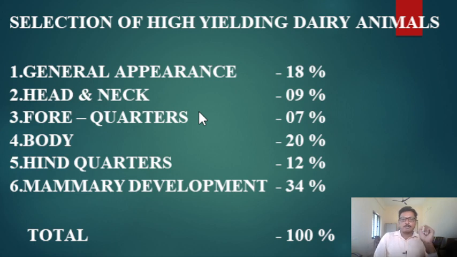For example, the general appearance, the head and neck, the forequarter, how the body is, and the hind quarter. Then at last, we have to see the characters of mammary development.